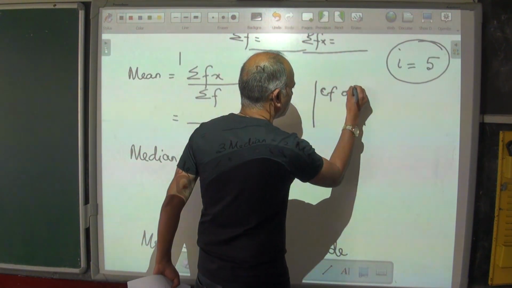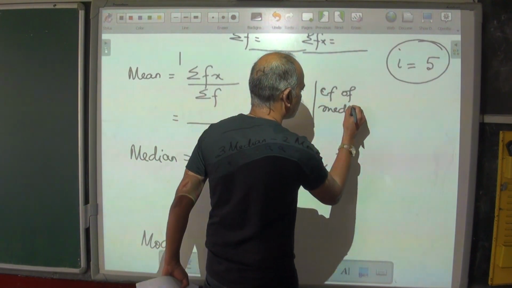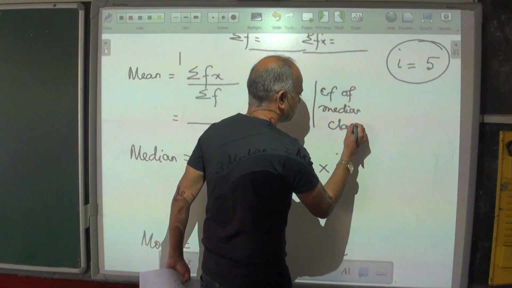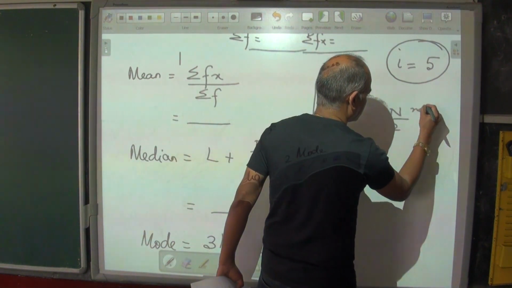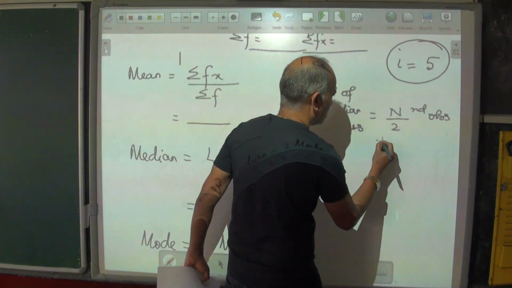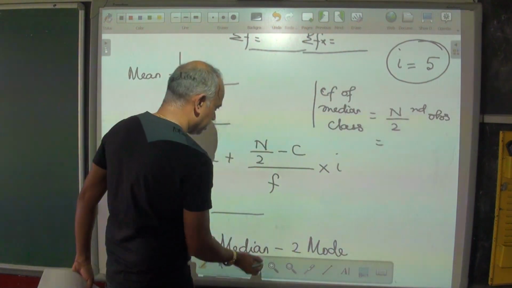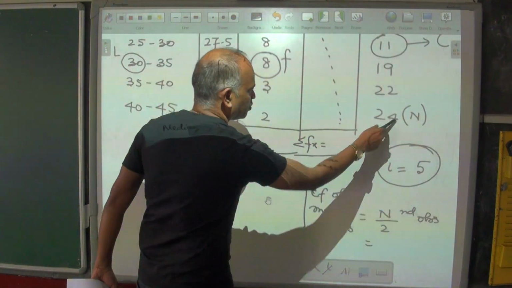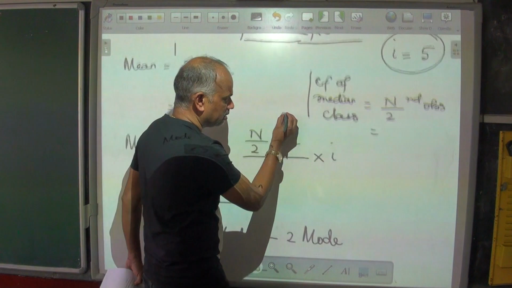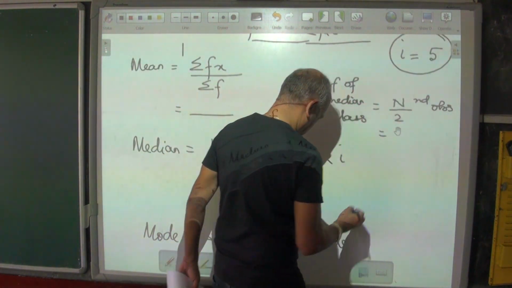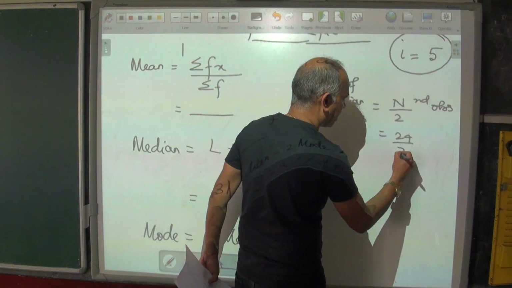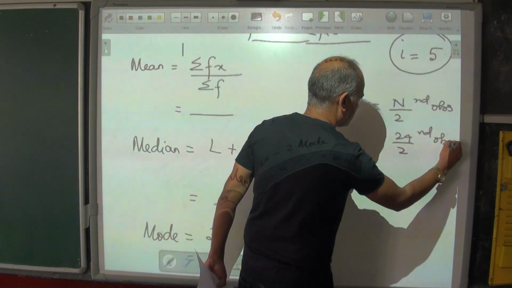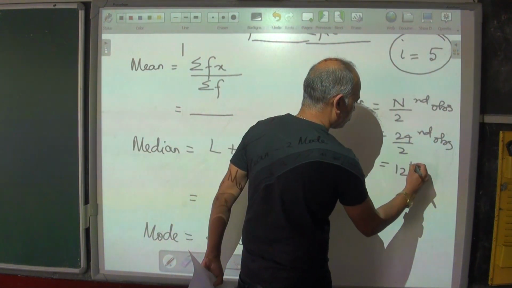CF of median class is n by 2nd observation. And if you notice the table, n value is 24. So this will be 24 by 2, that will give you the 12th observation.